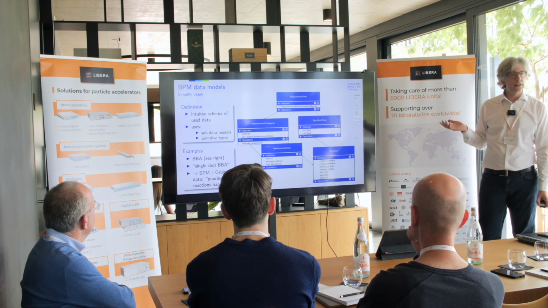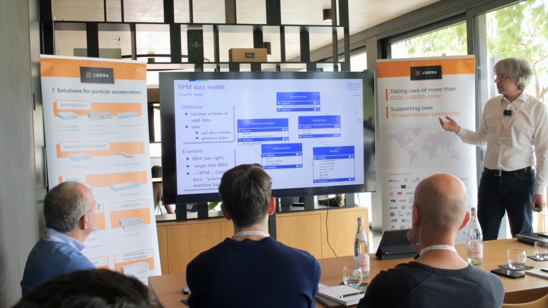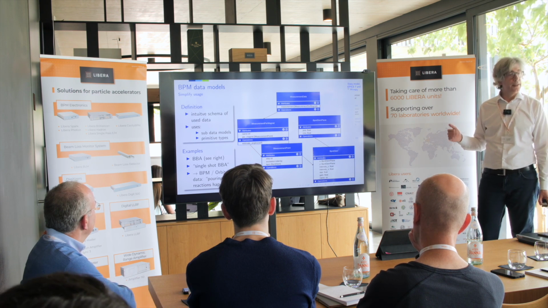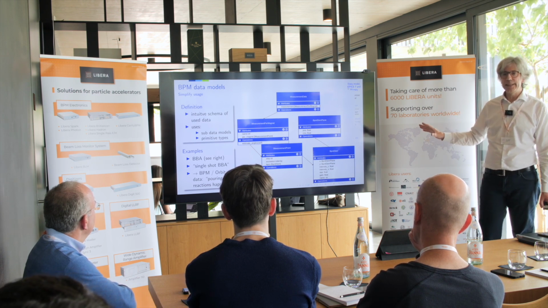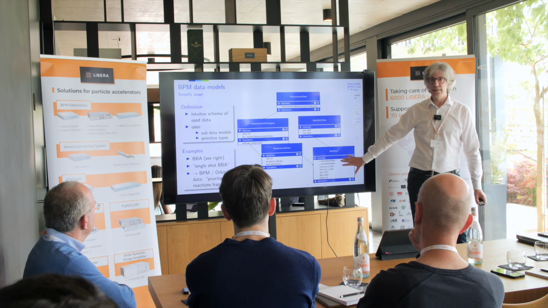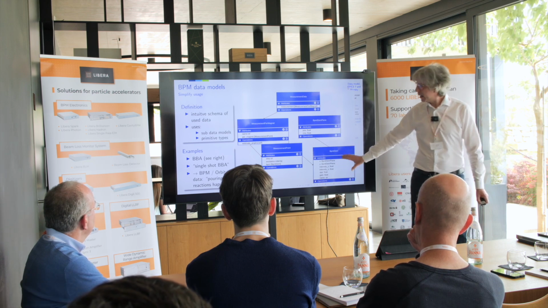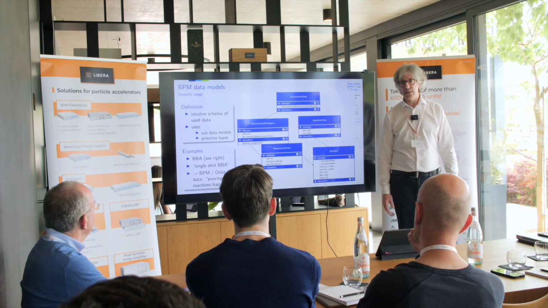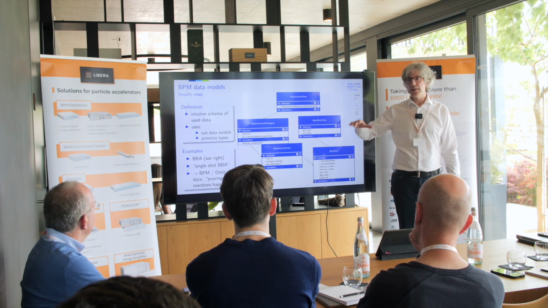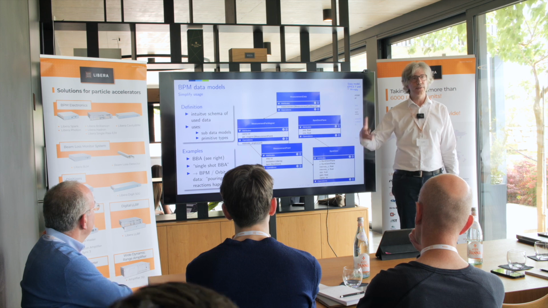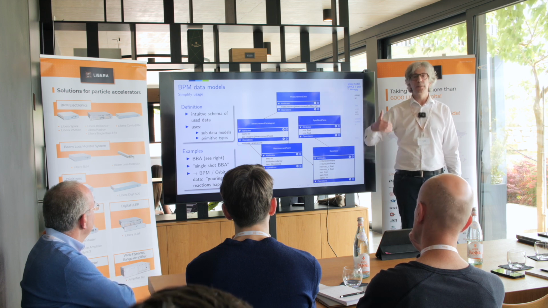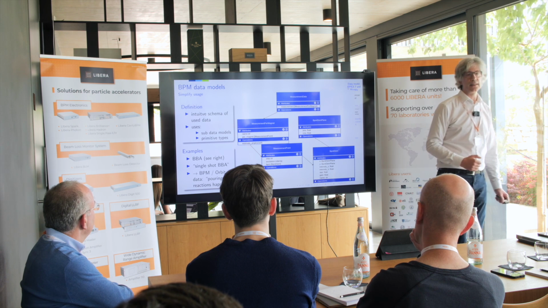So we need an intuitive schema, we need sub-data models, and pre-data types. The point I want to make is that we have that already on the system side, and now the interest would be to have this all over the control system in a consistent fashion, because then you don't need to know at which stage how it's represented, because it's represented consistently in the whole system.